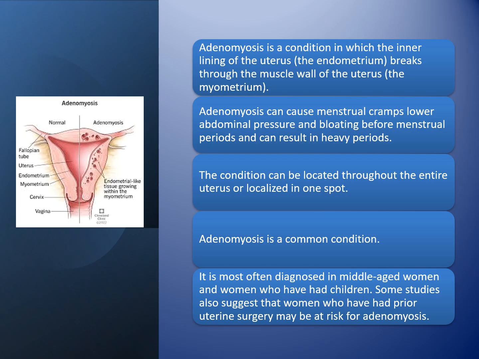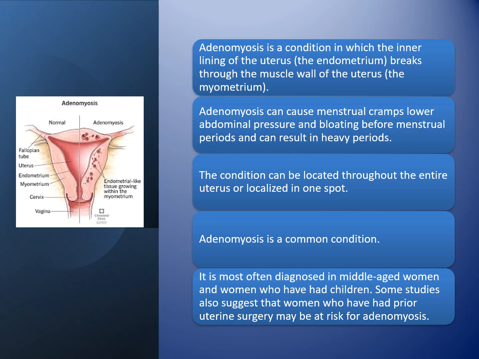This causes repeated bleeding within the muscular layer, leading to inflammation, enlargement of the uterus, pain, and heavy menstrual bleeding. Adenomyosis may affect the entire uterus diffusely or may remain localized in one area.